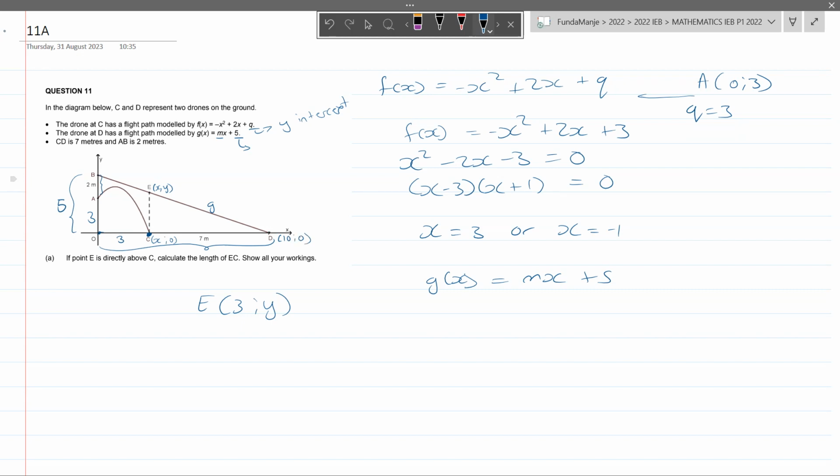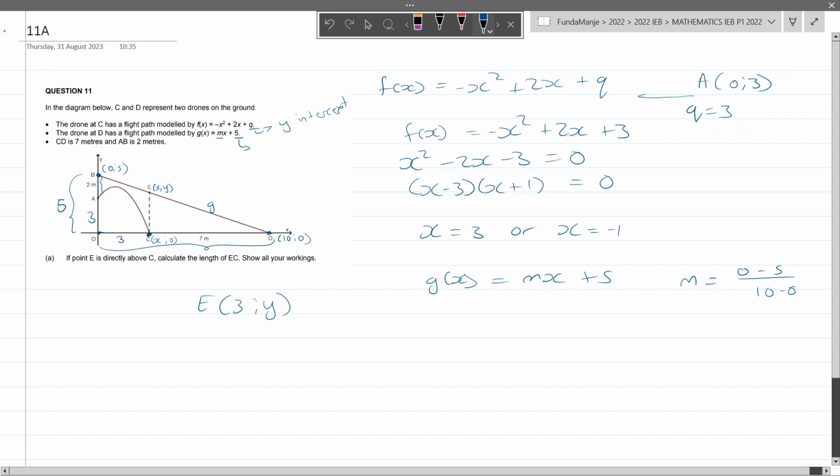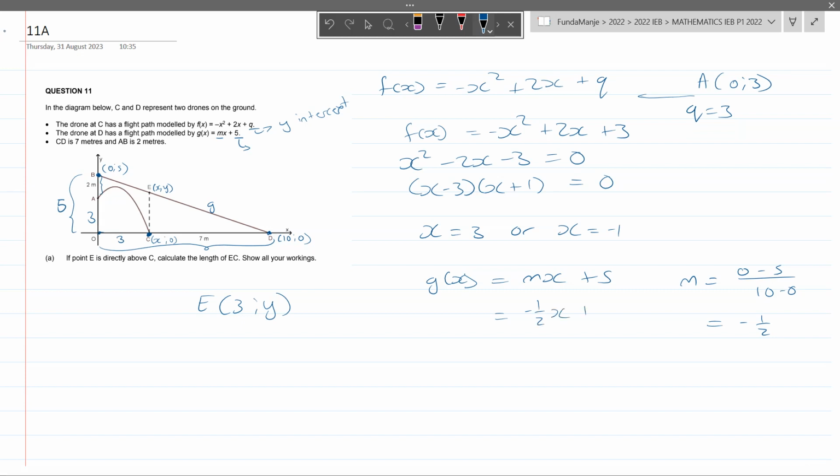And that's 1 point on the line. The other point we know is the intercept, which is 0 and 5. If we compute the gradient using these 2 points, we have 0 minus 5 over 10 minus 0, which gives us negative a half. So negative a half times x plus 5. That's our formula for g of x.